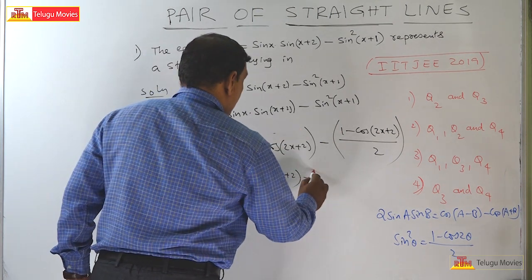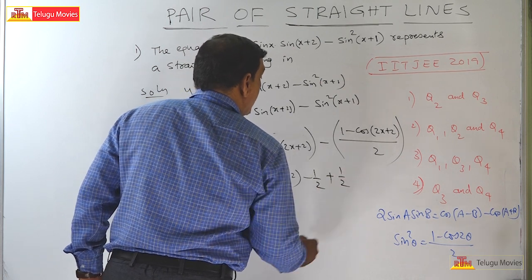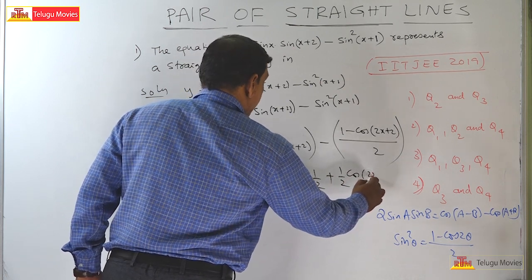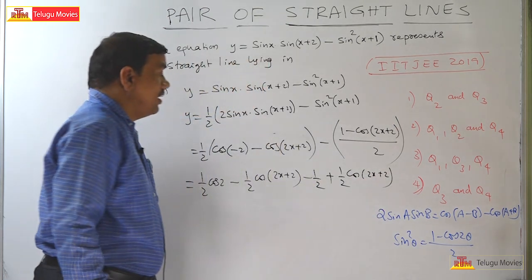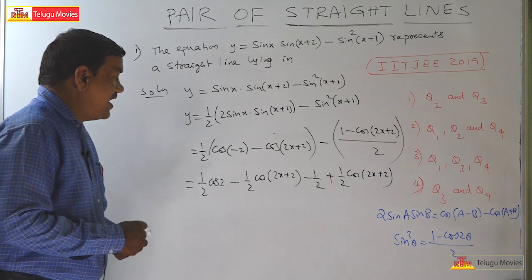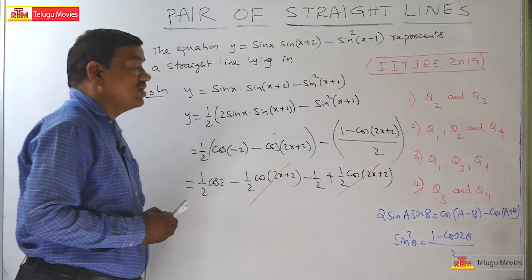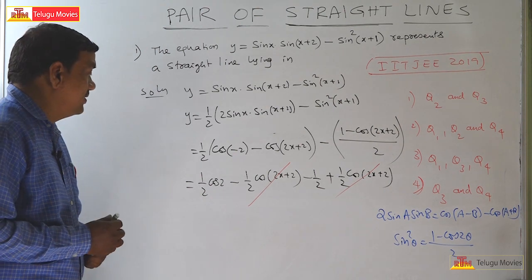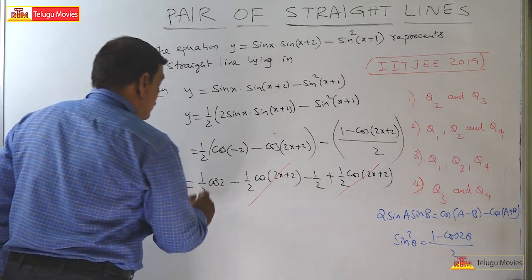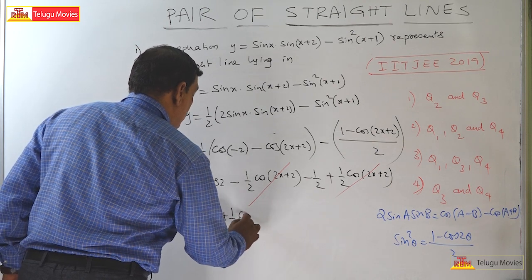Again, this is equal to minus 1 by 2, minus into minus plus 1 by 2 cos of (2x + 2). Any more cancellation, you will clearly get: minus 1 by 2 cos of (2x + 2) plus 1 by 2 cos of (2x + 2) gets cancelled. So ultimately what you get is minus 1 by 2 plus 1 by 2 cos 2.